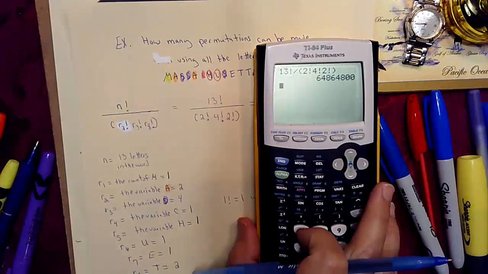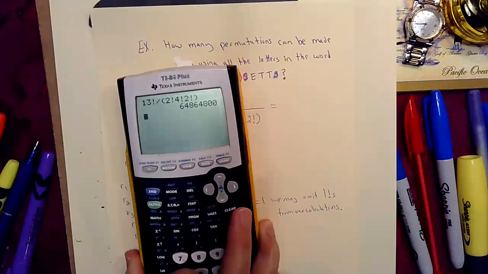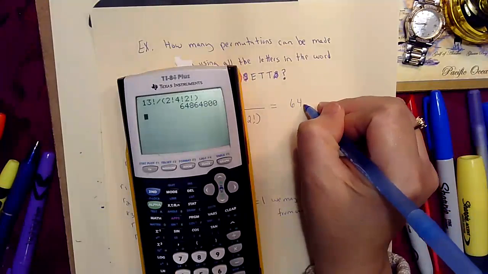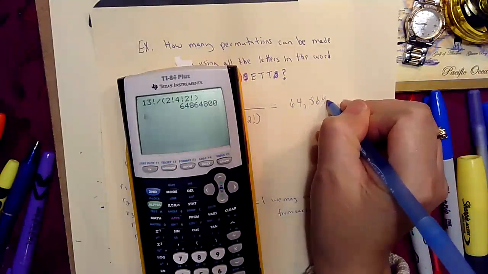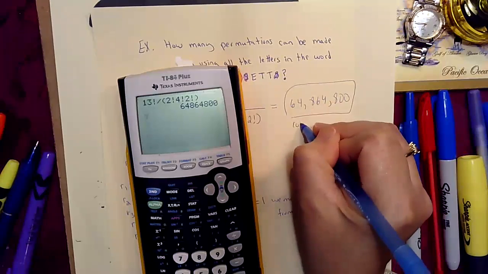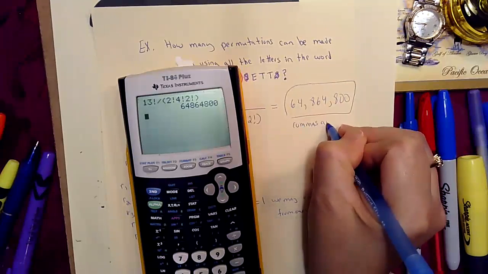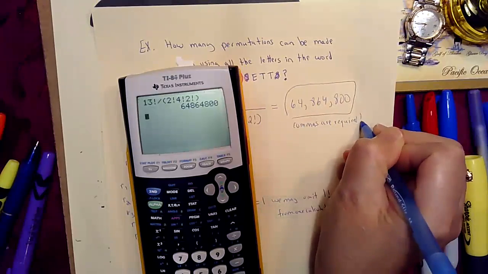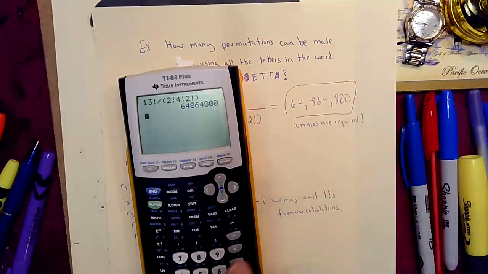And then I have that value that I mentioned earlier: 64,864,800. And remember here, commas are required. That's in the millions. That's a big number.